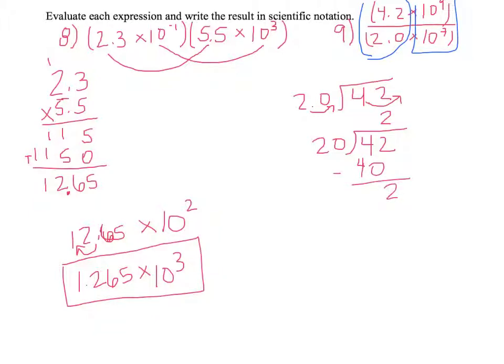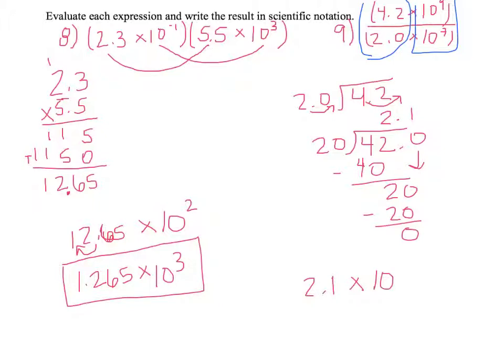I subtract, I get a remainder of 2. So now I need to add a decimal and bring down a 0. And add my decimal up top. 2 goes into 20 one time. So 1 times 20 is 20. Remainder of 0. So I have 2.1 times 10.